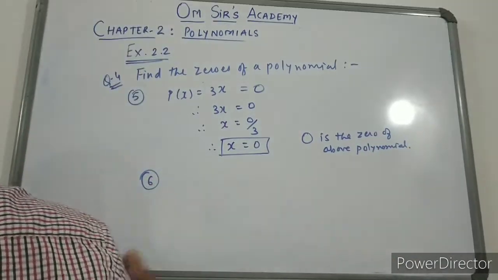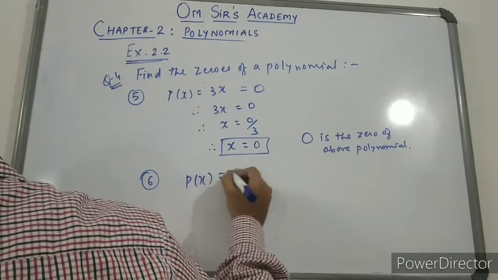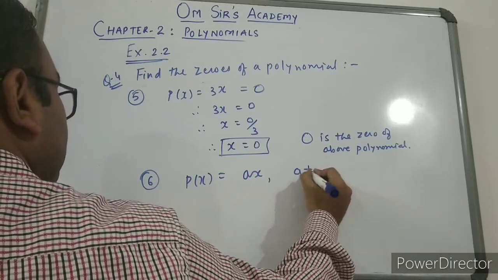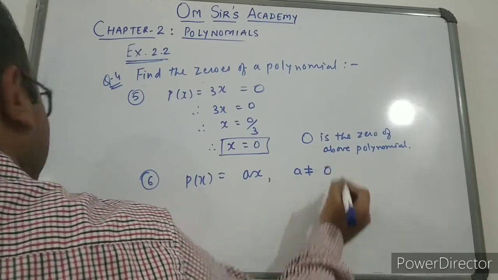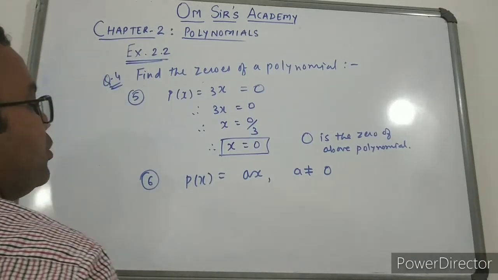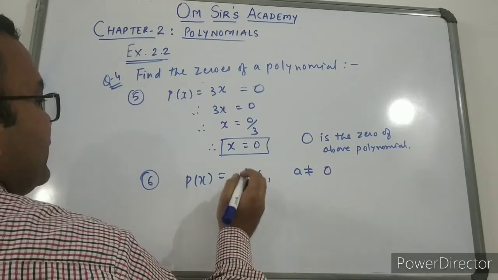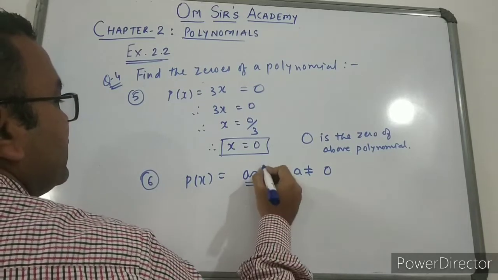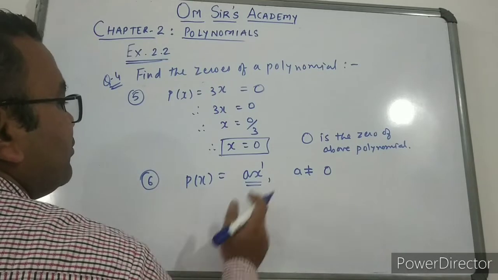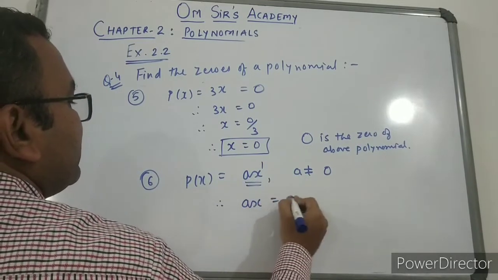Then the sixth one, that is the last one. P of x equals ax, where one hint is given that a is not equal to 0. If a is 0, then this value will also become 0. We have to take this as a monomial because the degree is 1 and we don't have any constant. So we take ax equal to 0.